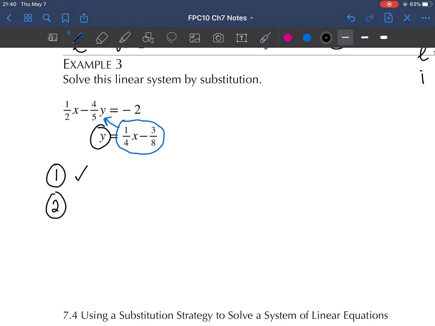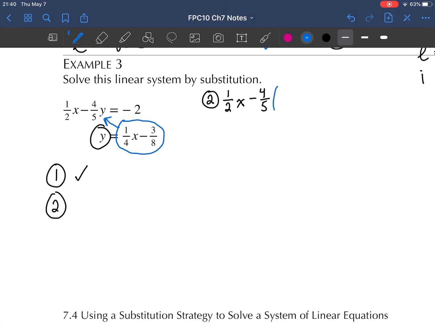So we've got, I'm probably going to need to put number 2 up here because it might take a little space. So we've got 1/2 x minus 4/5.